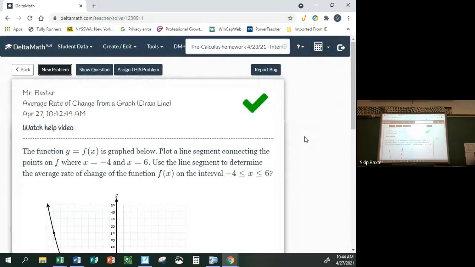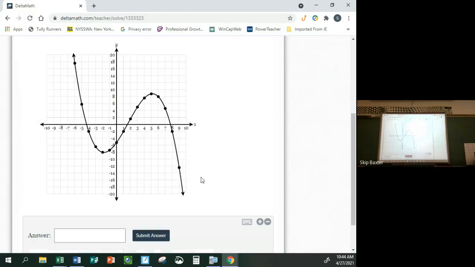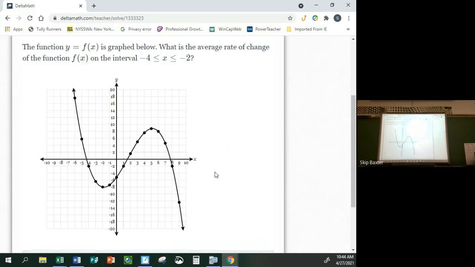And that's it. Okay, and then the third part of this assignment, you do the same thing, except you don't actually have to write down change in y and change in x. You just have to give the answer. But again, make sure you take note of the scale. In this case, in the vertical direction, the scale is like 2 to every 1 block. So if you're going from -4 to -2, that's going from this point to this point.